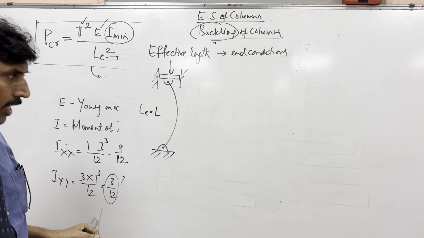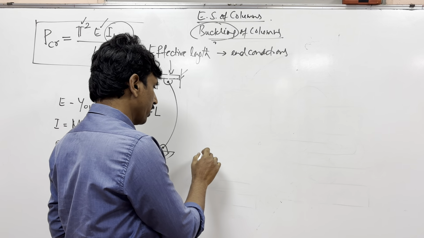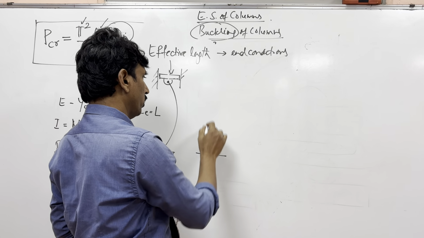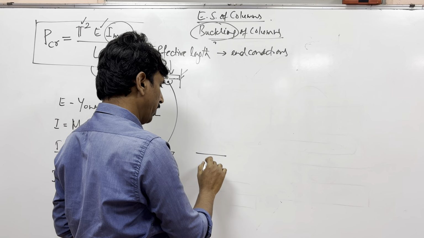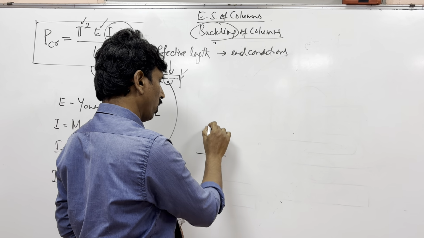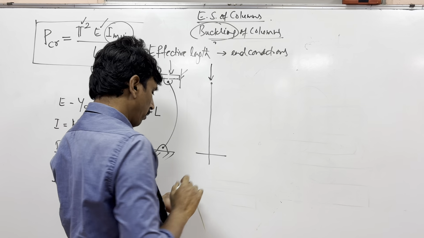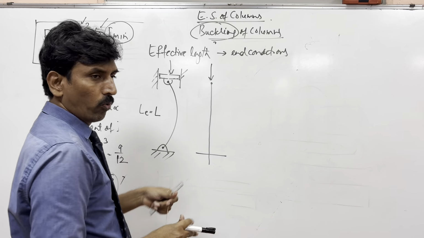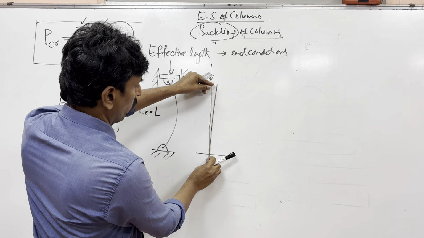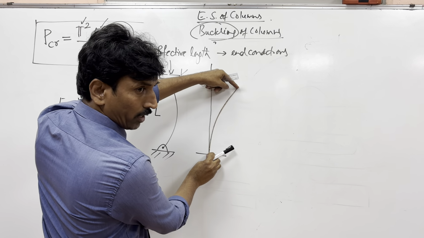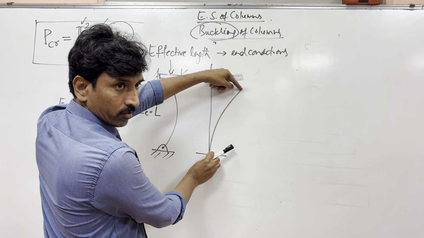The other case is one end fixed, other end free. So this column is going like this. Here you apply load. As you apply load, what happens? Because of the application of the load, it starts bending like this. Understood?